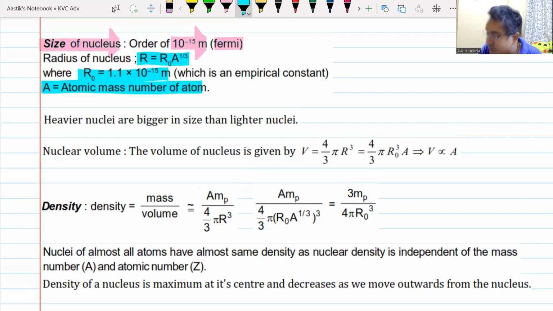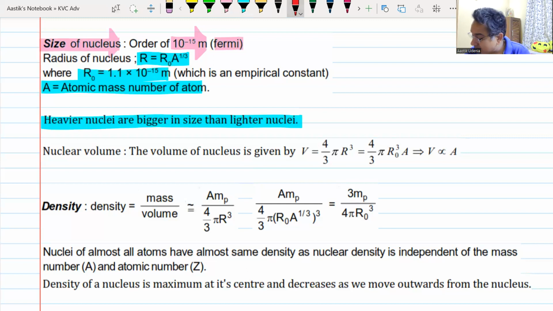A is the atomic mass number of the atom. Heavier nuclei have more mass, more atomic number, so their size is going to be more. Do we understand this? Yes, sir.